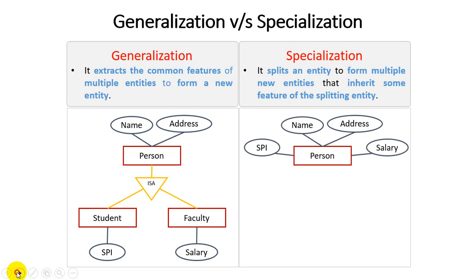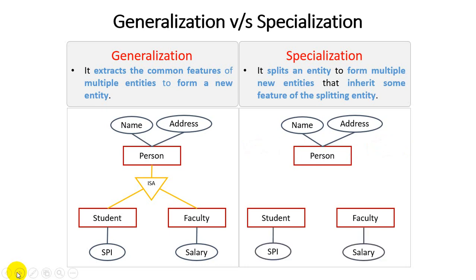SPI is part of the student entity, and salary is part of the faculty entity. So we can divide our person entity into two entities known as student and faculty, and we define the SPI attribute in the student entity and the salary attribute in the faculty entity.